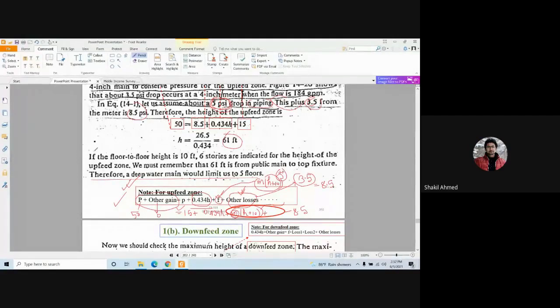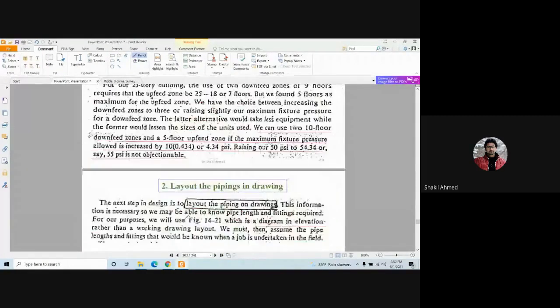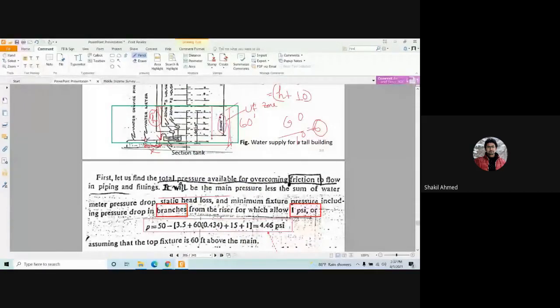So to end this upfeed zoning, if the floor to floor height is 10 feet and 6 stories are indicated for the height of the upfeed zone, we must remember that 61 feet is from the public main to the top fixture. Therefore, a deep water main would limit us to 5 floors. Sometimes your water meter is under the ground.